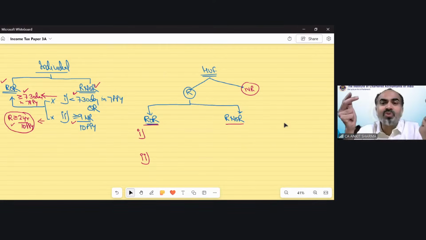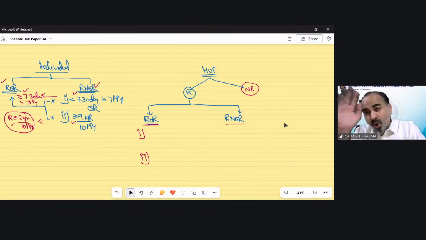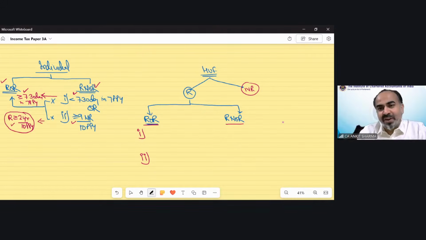Why I am telling you these reverse conditions, I will let you know. Because in case of HUF, they did not explain what will be resident and not ordinary resident. They say in case of HUF, we have to check this condition on the Karta. And Karta is what? Karta is an individual, the elder co-partner of the family.